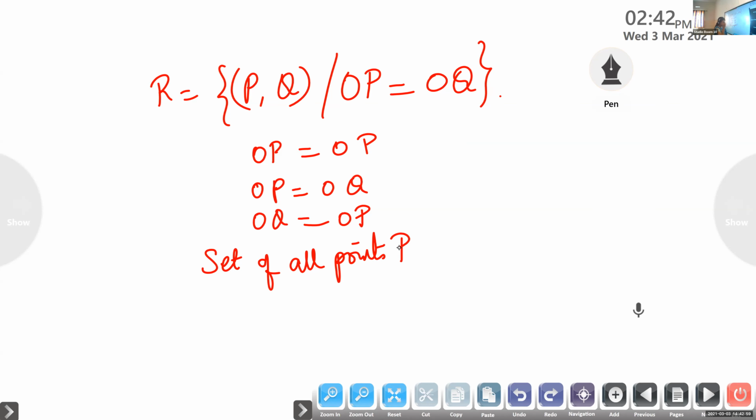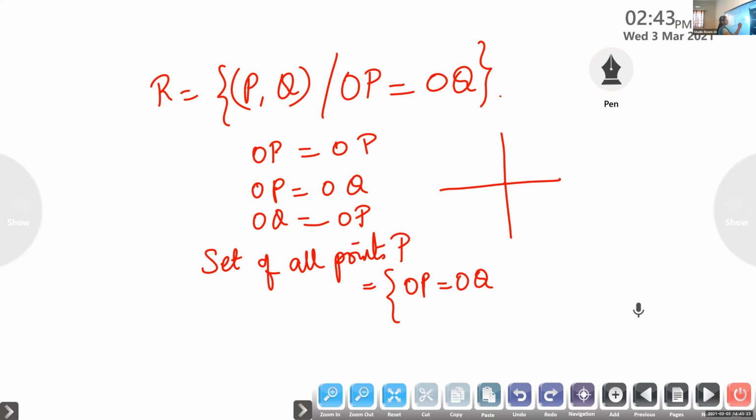The set of all points P is a circle passing through P with origin as center. So we want to find the set of all P which is related to Q, that is OP is equal to OQ.